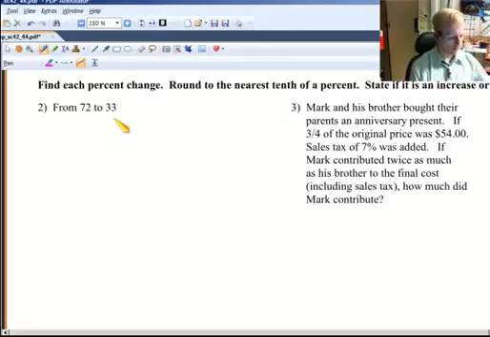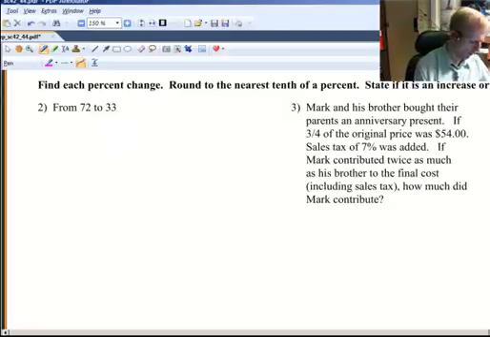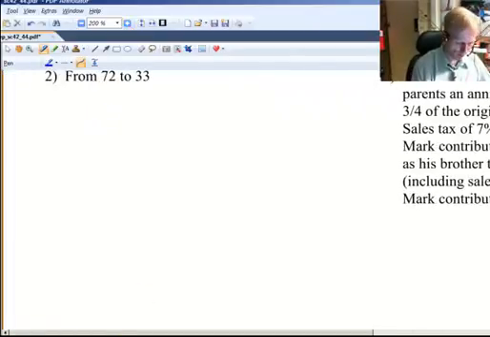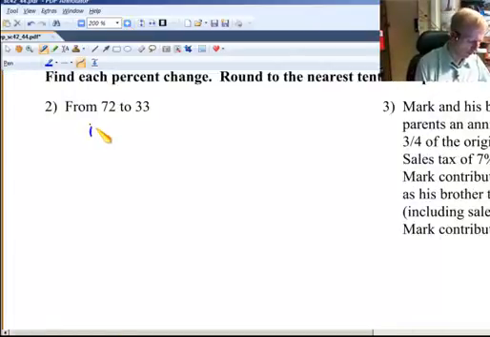Okay, in the next problem I'm asked to find the percent change between 72 to 33. So that means 72 is going to be my initial value, 33 is the final value.